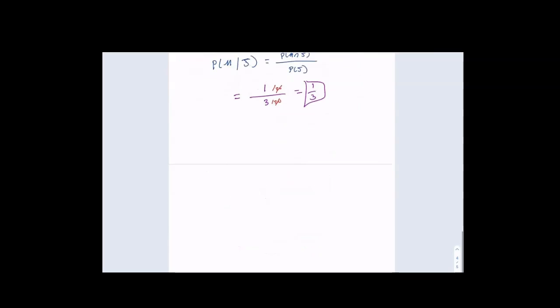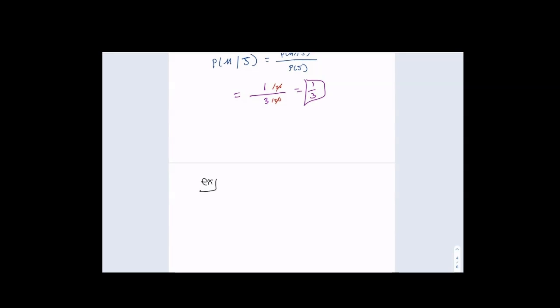Yeah. So here's another example. In this example, my class was juniors and seniors.